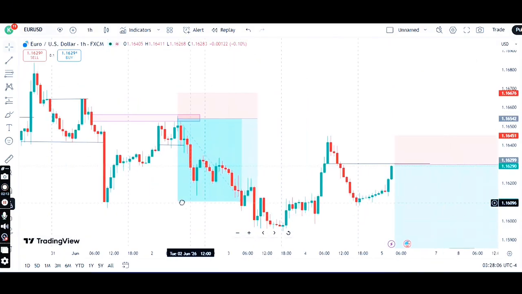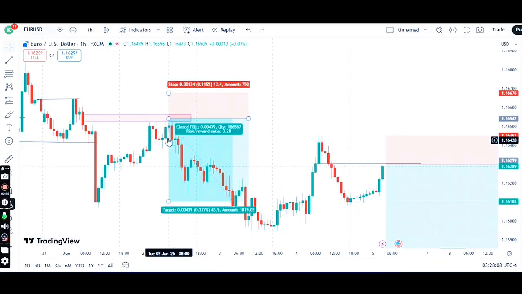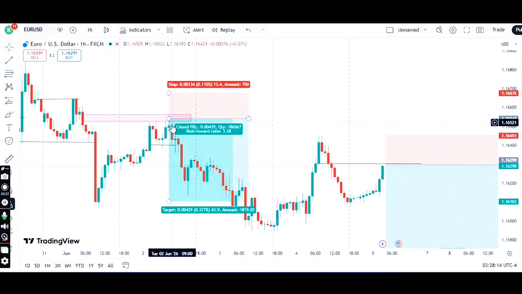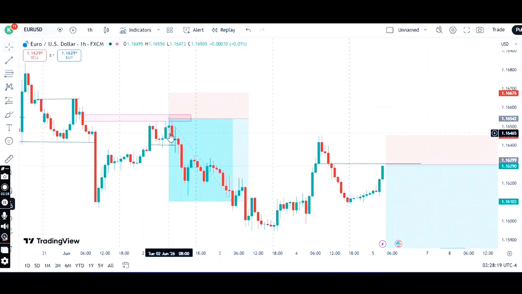Then looking at this point, you can see that this whole ranging form that formed here before this movement is the order block for this particular point. And if you look at it, the market came back to it and respected it. These two bullish candles that you are seeing here are the order block that created this.